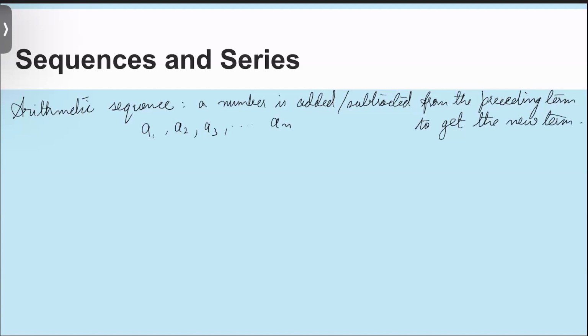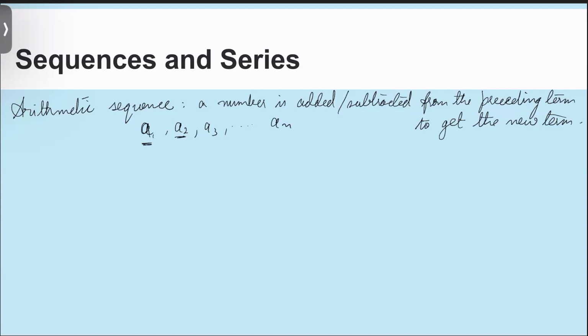That means for getting A2, you need to either add or subtract a certain number to A1.